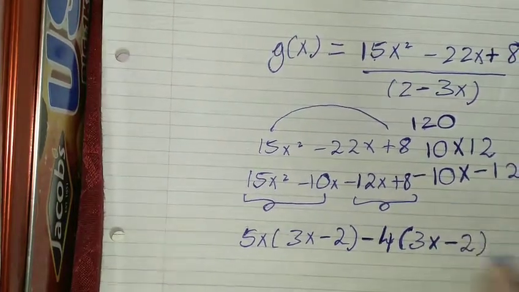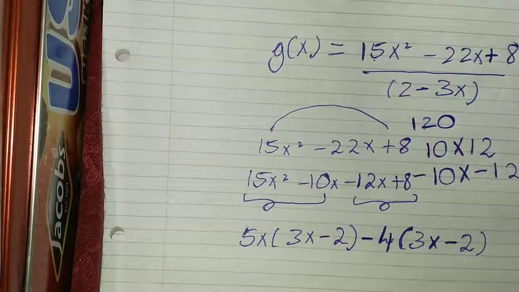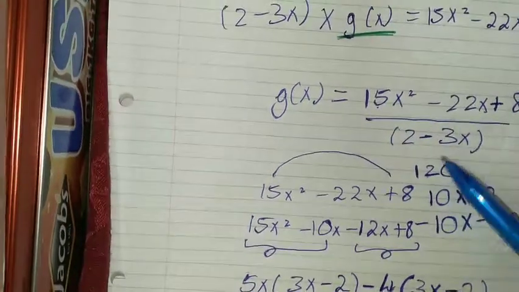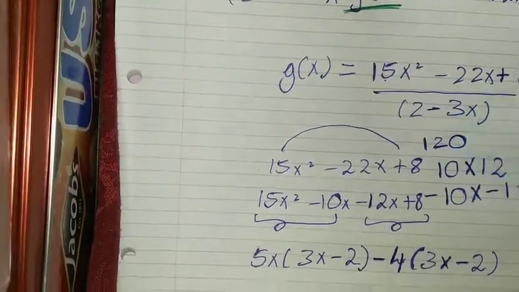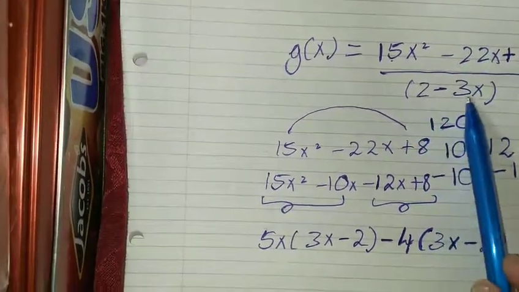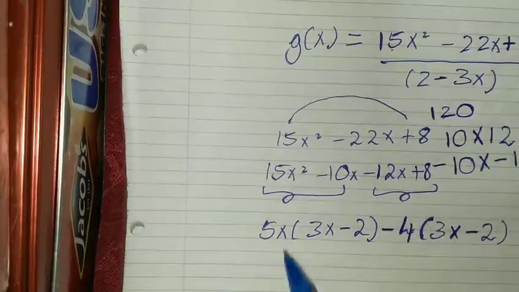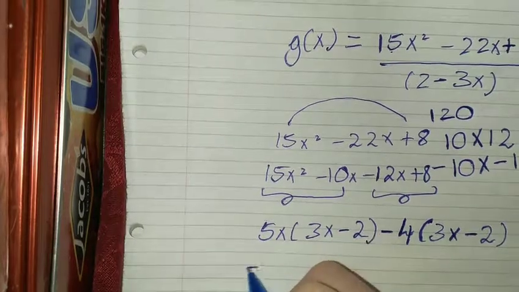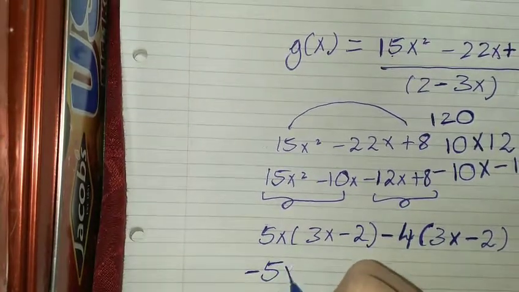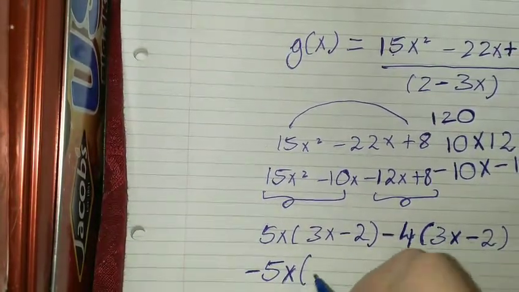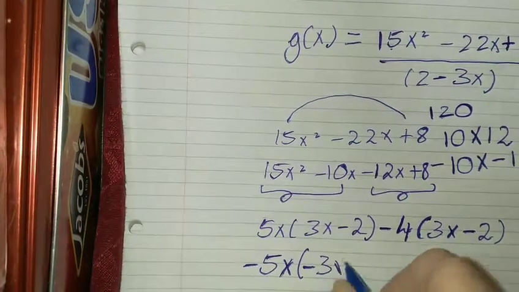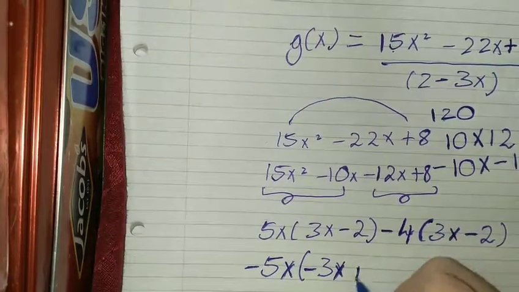minus 2. But actually, in this case, the factors that we want to cancel are 2 minus 3x. So I could change this and take out a minus 5x, and then I'll be left with minus 3x plus 2.